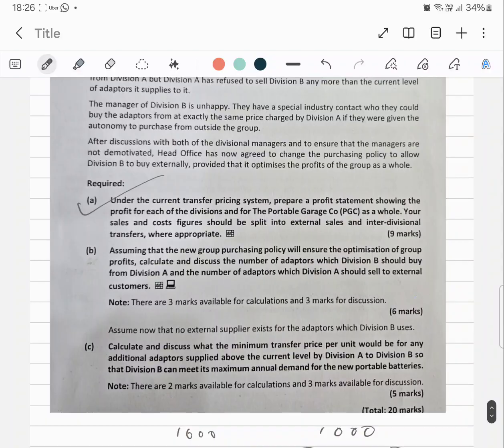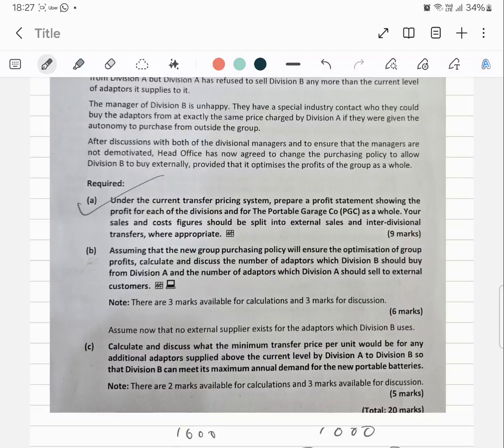Assuming that the new group policy will ensure the optimization of group profit, calculate and discuss the number of adapters which B should buy from division A, and the number of adapters which division A should sell to external customers.